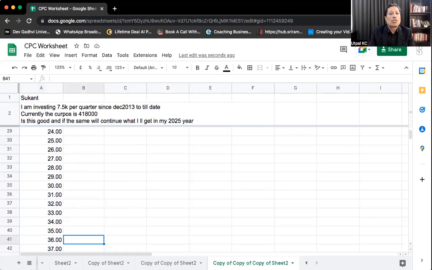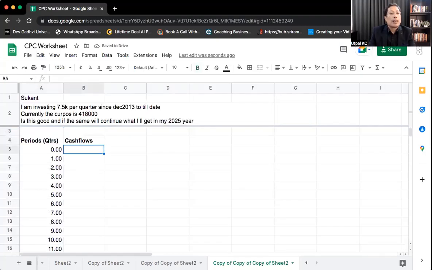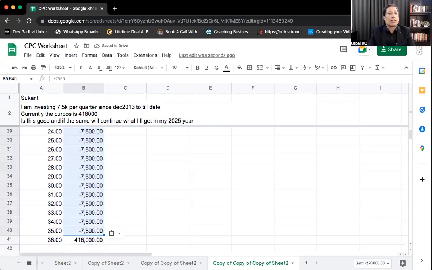Here you have got 4,18,000. So this is right now. I'm investing 7,500 per quarter, and you have got this much; currently the corpus is this much.